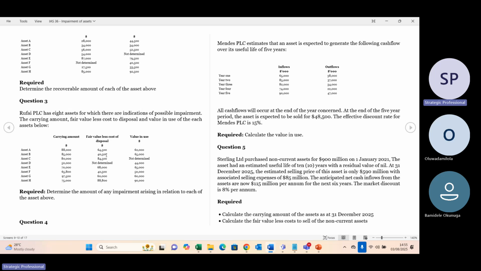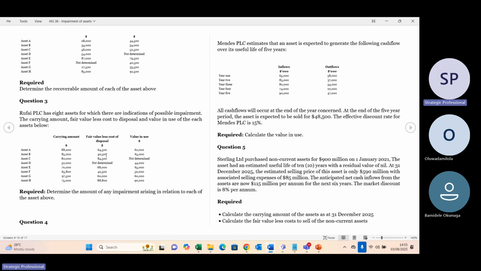Because the same way you're looking at money you will make from that asset, you also need to look at the money you are going to spend on that asset in future. Because, of course, for an asset to make money, you actually need to also spend money on that asset, maybe on frequent repairs and maintenance. So that inflow and outflow, the discount factor, the examiner will give you that.